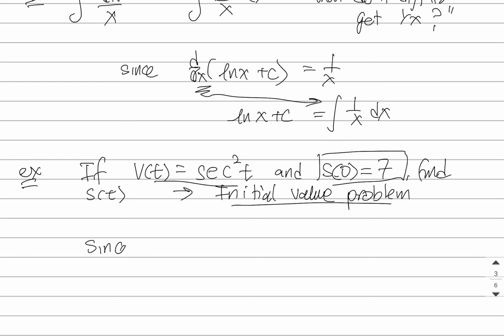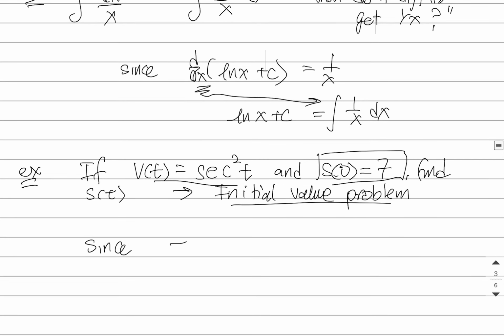Well, since the derivative of velocity is equal to position, that means when we switcheroo this, the antiderivative of position is going to be the following. I think I've written this down wrong. Sorry, I got this backwards.